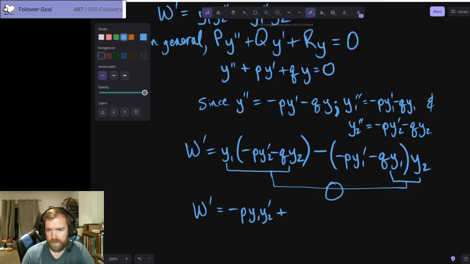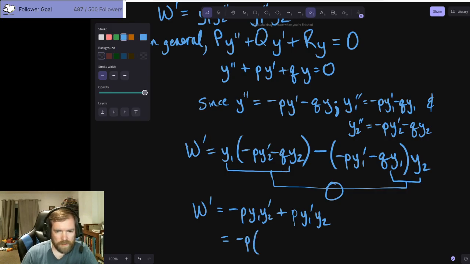plus p y1 prime y2, which is equal to negative p times y1 y2 prime minus y1 prime y2.